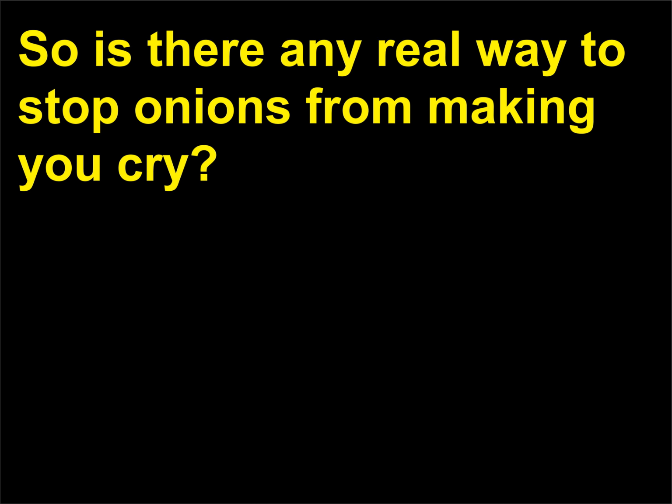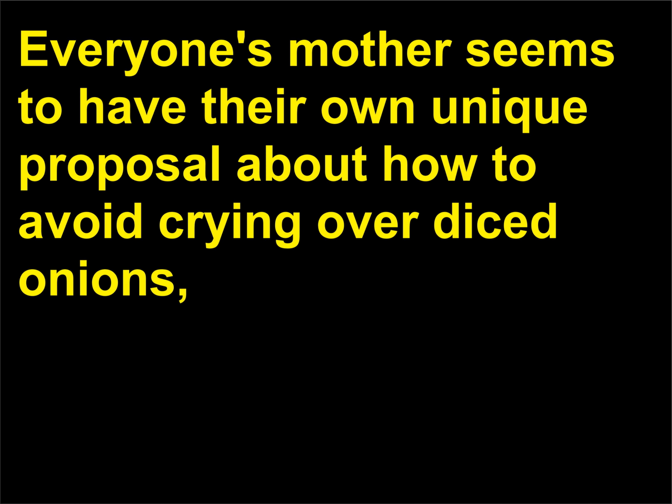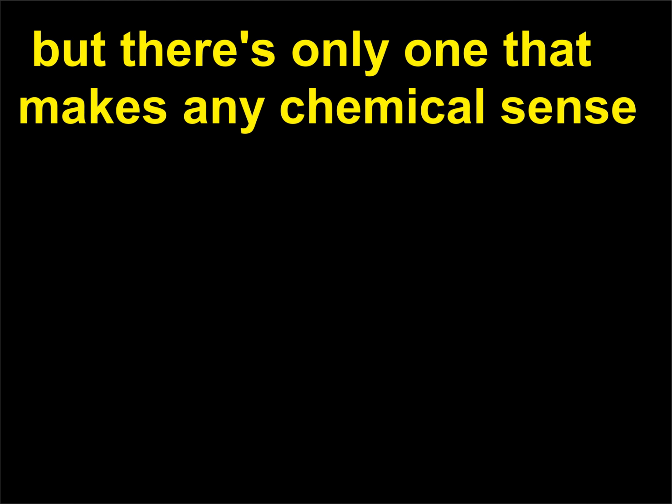So is there any real way to stop onions from making you cry? Everyone's mother seems to have their own unique proposal about how to avoid crying over diced onions. But there's only one that makes any chemical sense.